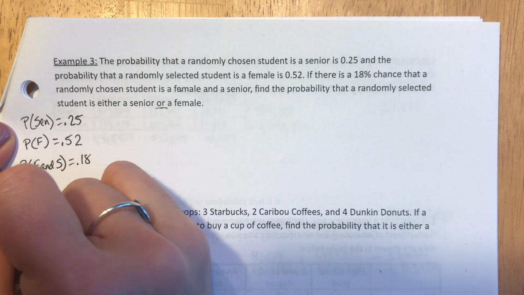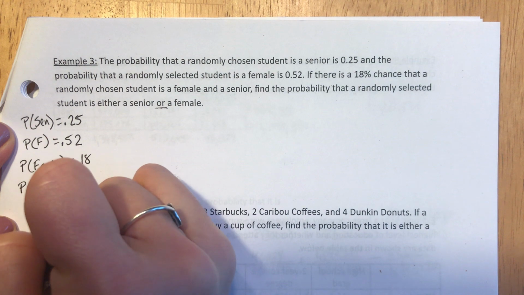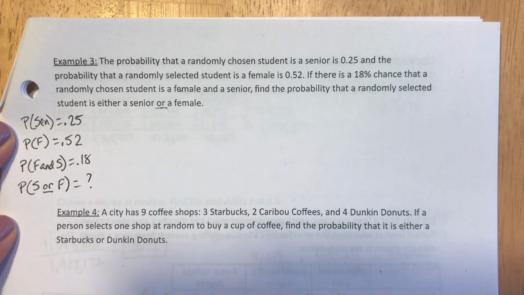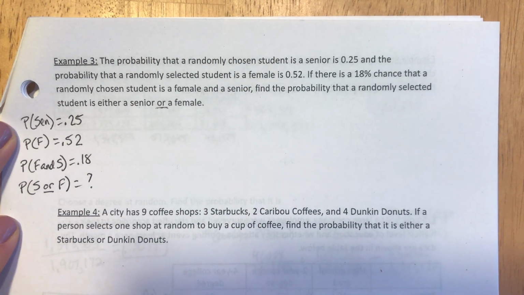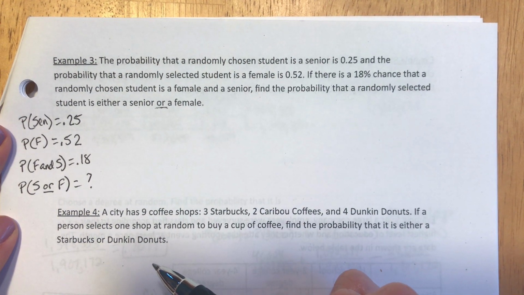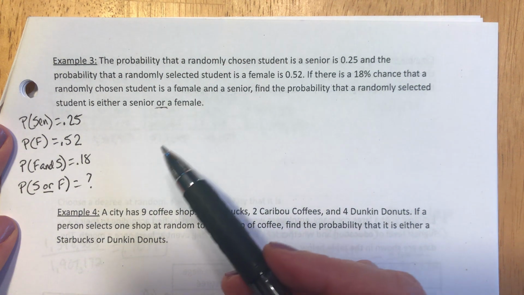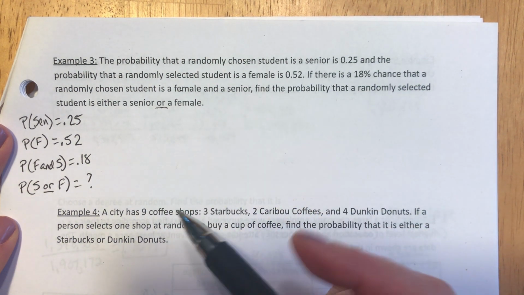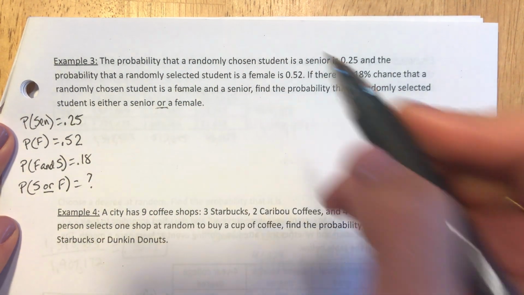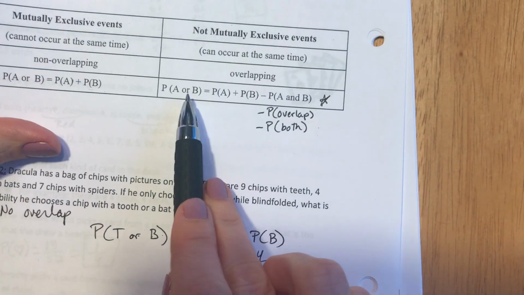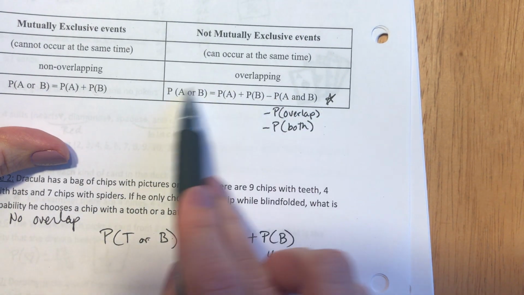So we want senior or female. And that's what I want, so I'm going to put a question mark or an X. Well, now you have to ask yourself, is there overlap? Yes, absolutely. There's lots of you in our class that are females and seniors. So with this, that's when you set it up where you subtract the overlap. We're going to be using this formula here.